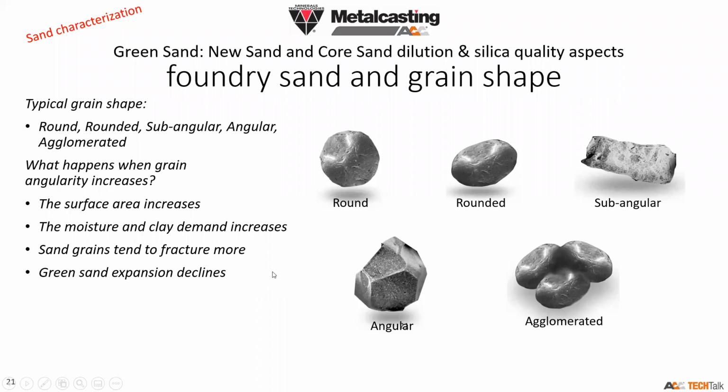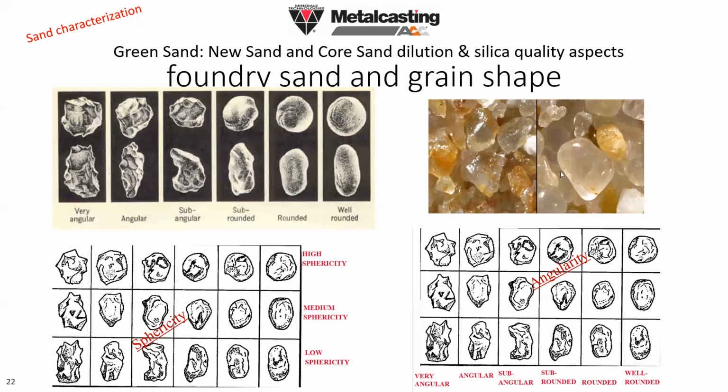That is a summary. The next slide shows a bit more detail about this classification of grain shape. You have the very angular, subangular, up to the well-rounded grain classification. You can see some corresponding pictures there with angular sand and rounded sand. Visually, we can see a big difference.